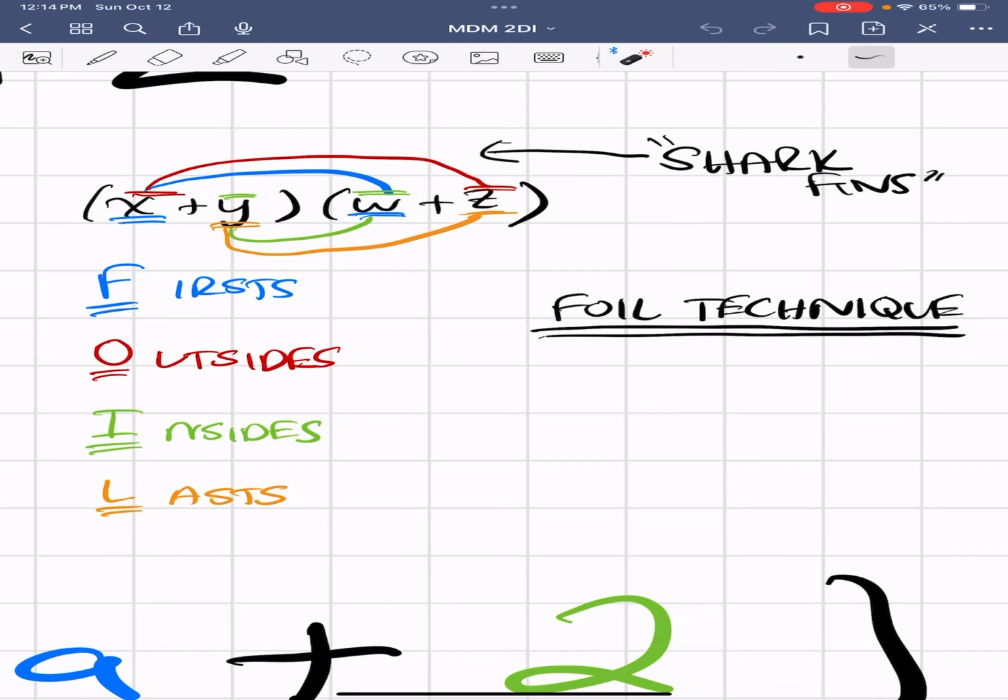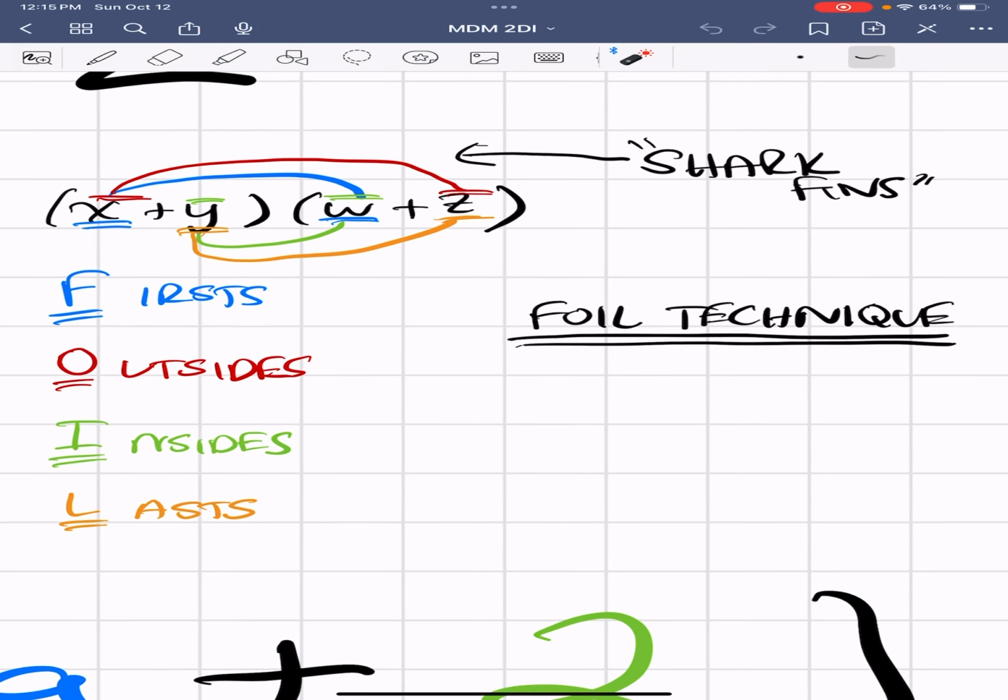Essentially the FOIL technique is just teaching you how to expand out a factored expression properly. I color-coded them: the first terms, the outside terms, the inside terms, and then the last terms.